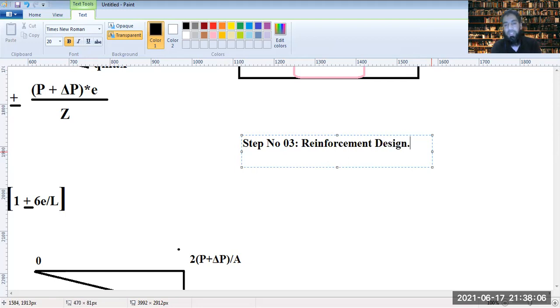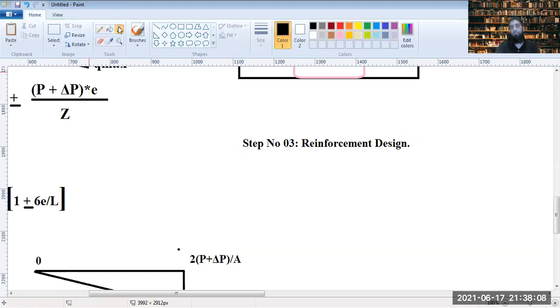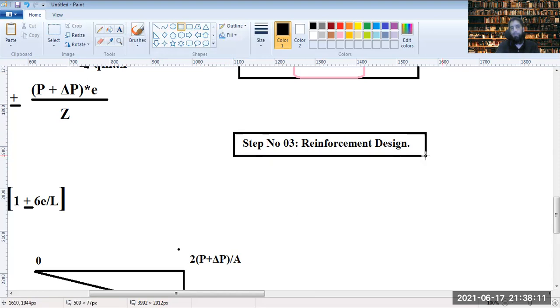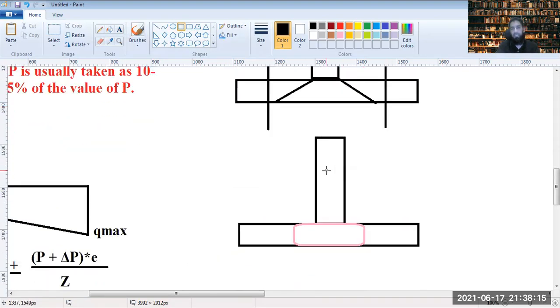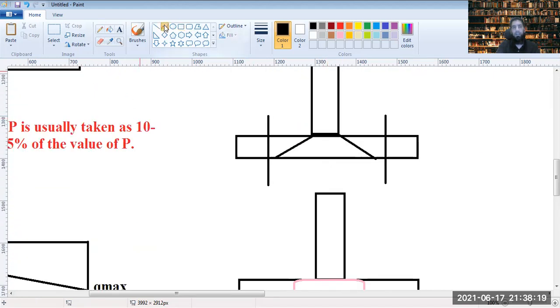So how do we design for a reinforcement? Just to give you an idea, as we already discussed, there is a compression at the top here, sorry, the tension at the top here, and that becomes tension at the bottom here.